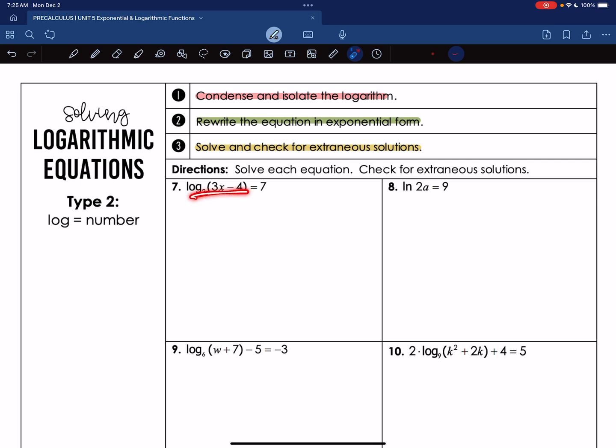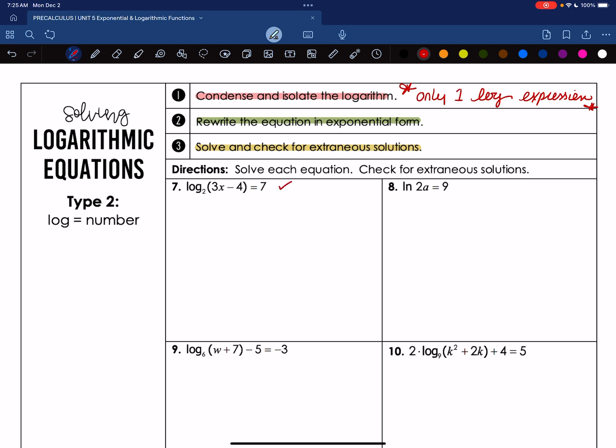So looking at this side, there is only one logarithm. That's what it means when it says condense, that you should have only one log expression. And we do. So we are done with step number 1.